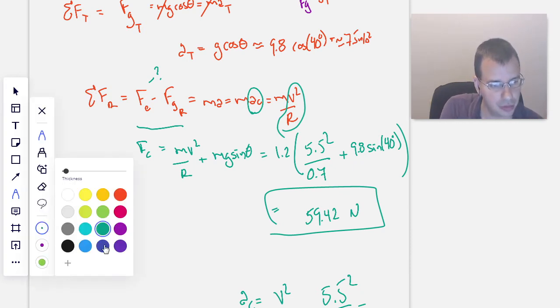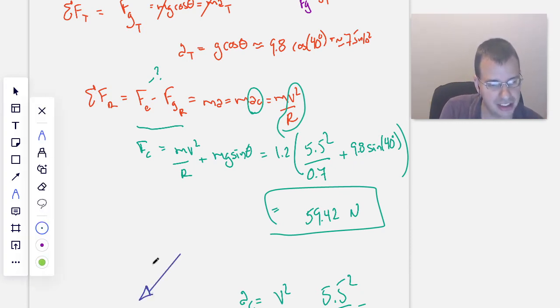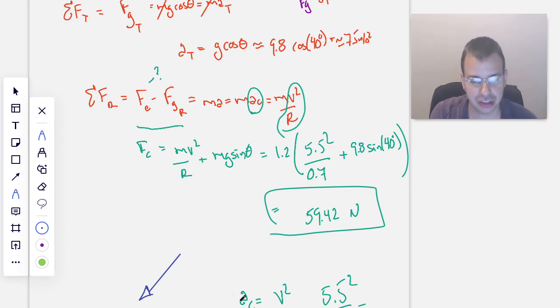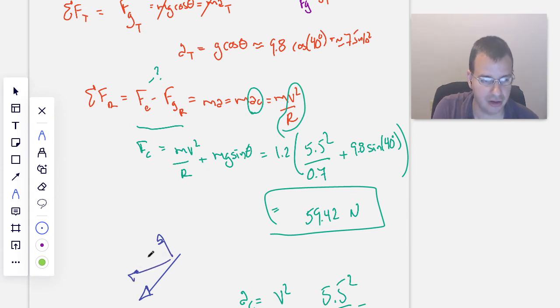Not to get too deep into the weeds here, but a vector is a magnitude and direction. And this centripetal acceleration is basically the acceleration required to change the direction of a vector, or a velocity vector. So that's the idea where it comes from.